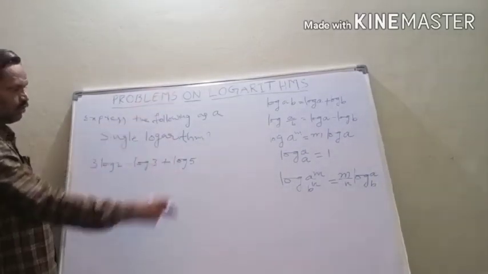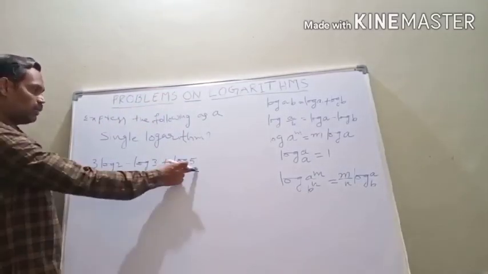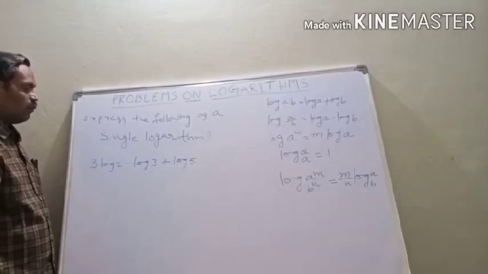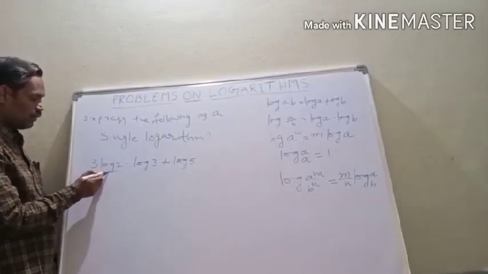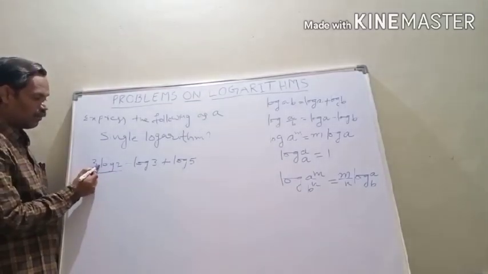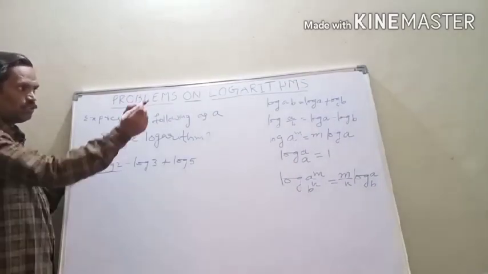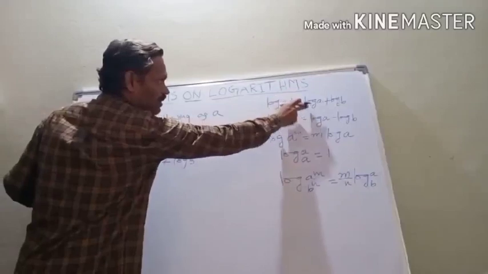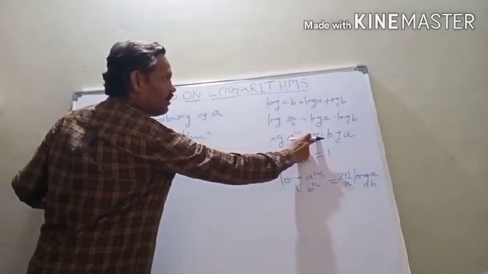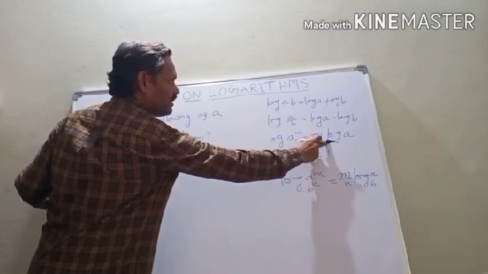So if you go through the formulas, by using those formulas, we have to convert this as a single logarithm. Before that, you find the coefficient of a log. Here 3 is the coefficient of log 2.